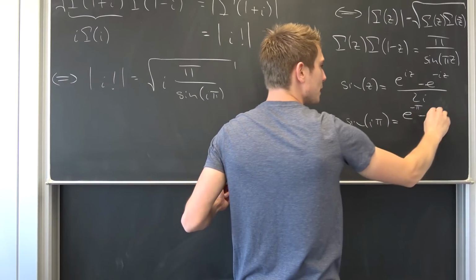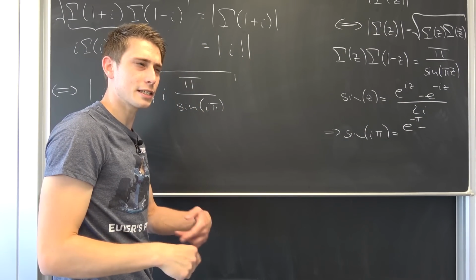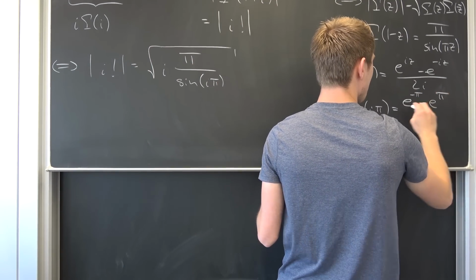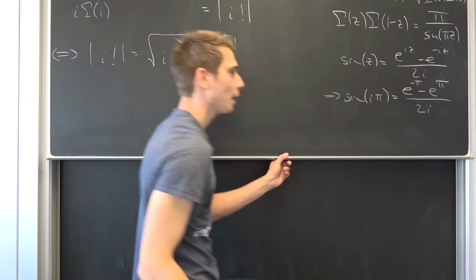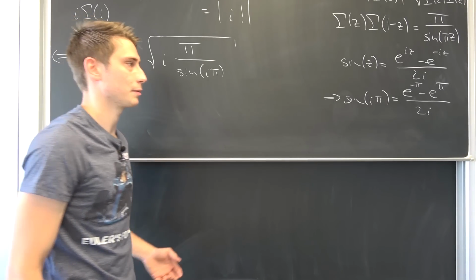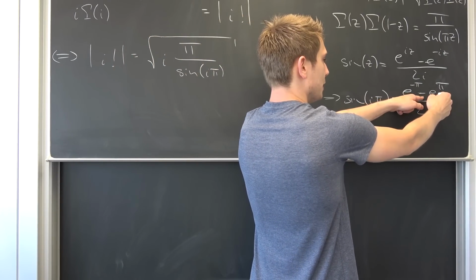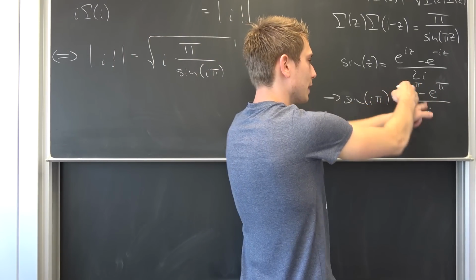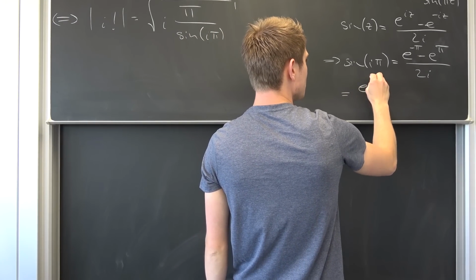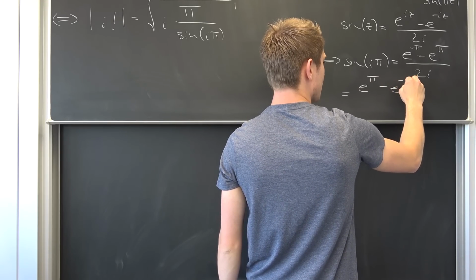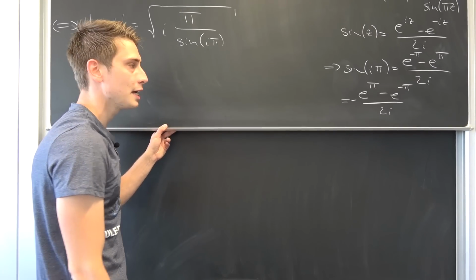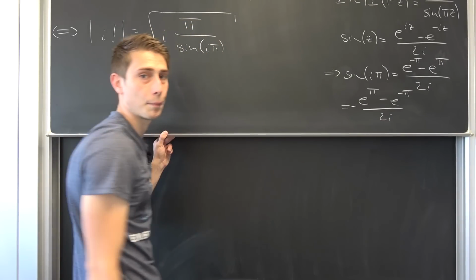and then minus e to the negative i squared, which is going to be positive, and then pi, e to the pi, over 2 times i. Now, this right here is quite a familiar thing, because if we now factor out a negative 1 right here, this thing right here is the same as e to the pi minus e to the negative pi over 2 times i, just with a negative sign in front, and then we multiply both sides by i.